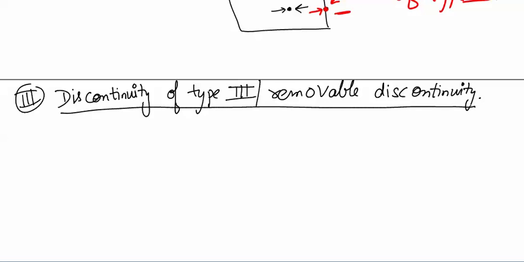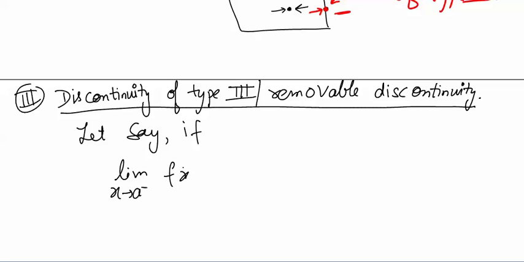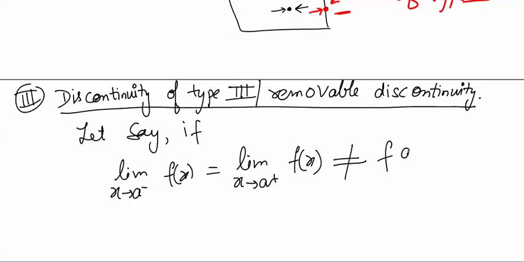Now what are these? Discontinuity of type 3. Let us understand this particular thing. Let's say if the left hand limit as x tends to a minus of f(x) is equal to the limit as x tends to a plus of f(x), but it is not equal to f of a.